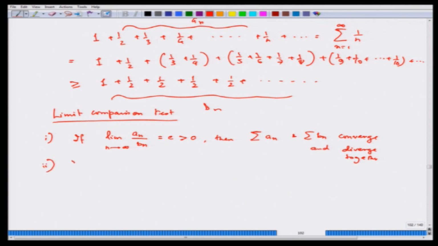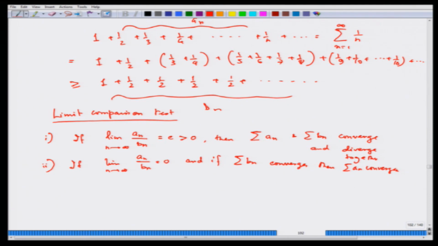Number 2, if limit as n tends to infinity of An by Bn is equal to 0, and if summation Bn converges, then summation An converges. So, you can use the limit comparison test.